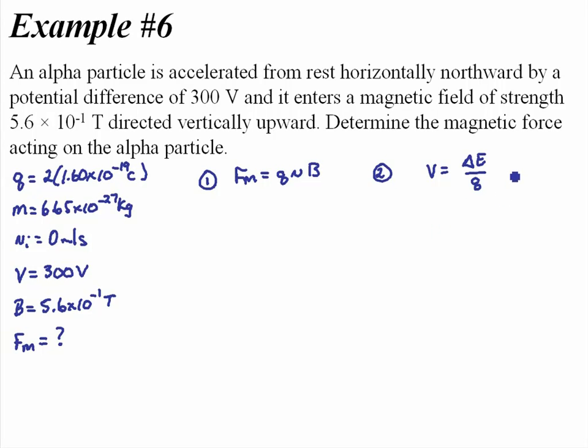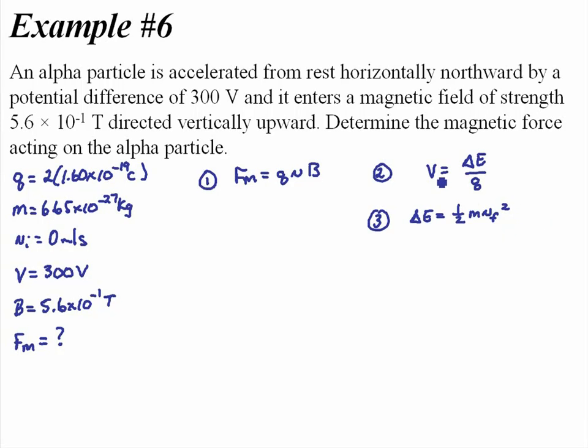And I have a third formula that'll have me write energy, since this is going to be all kinetic, 1/2 mVF squared, since VI is 0. I can put all these formulas together to go find V using formulas 2 and 3. Then once I find V, go find magnetic force in formula 1.